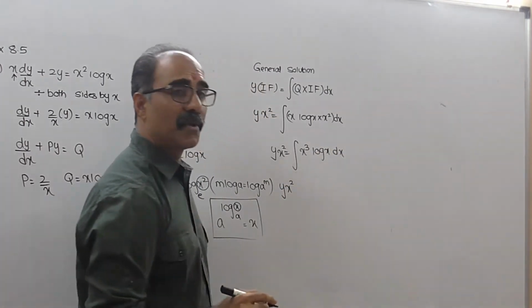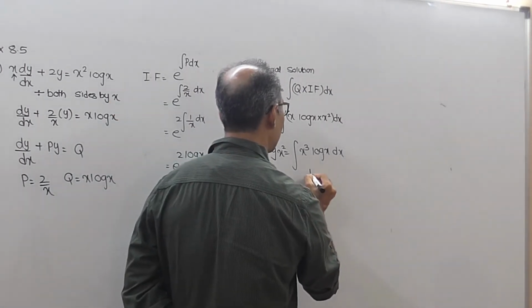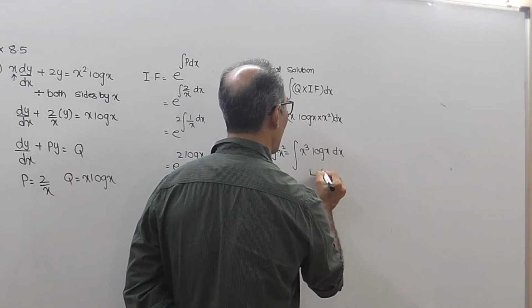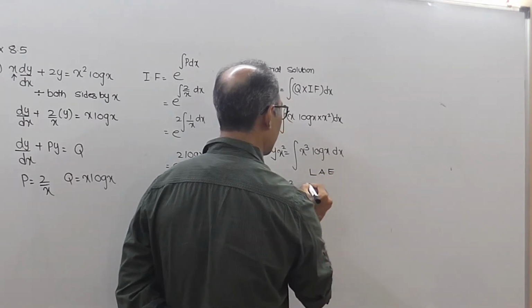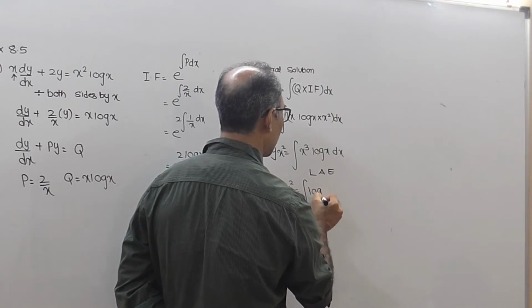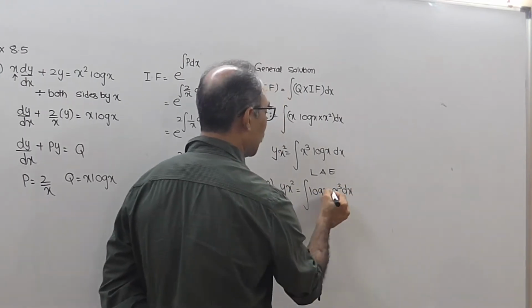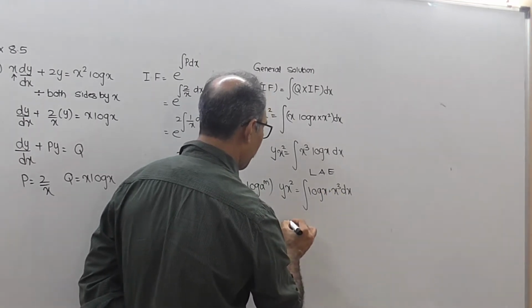This has to be done by using integration by parts. The order of preference in integration by parts is logarithmic, algebraic and exponential. So this has to be written as log x into x cube dx. Now you have to do integration by parts.